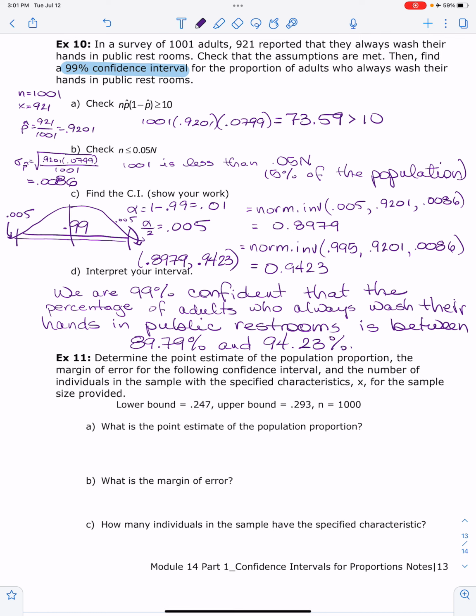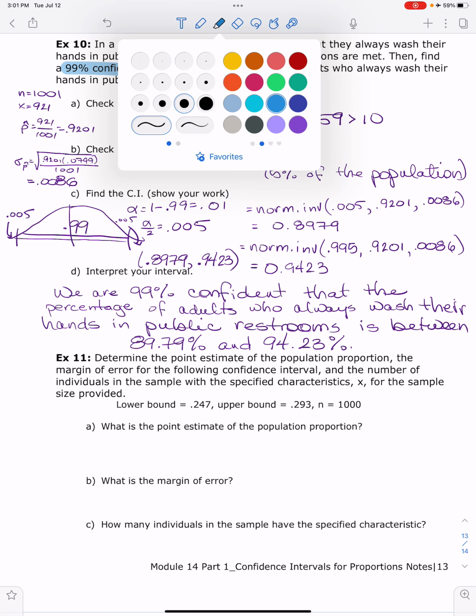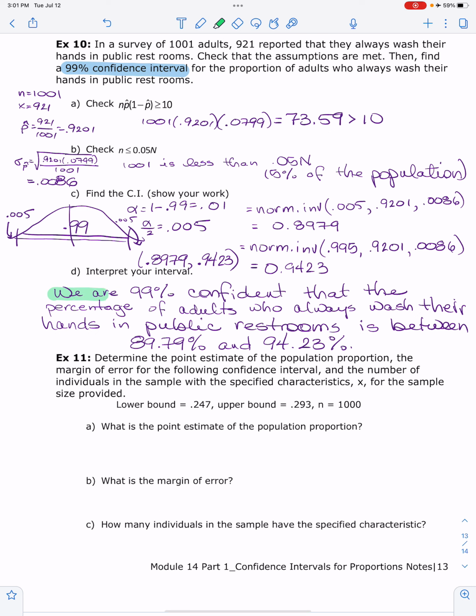I'm going to bail on that just because I am out of room. But we are going to go ahead and highlight this so we can find our statement. Perfectly okay to say, which kind of feels a little more natural to me, we are 99% confident that between 89.79% and 94.23% of adults always wash their hands in public restrooms.